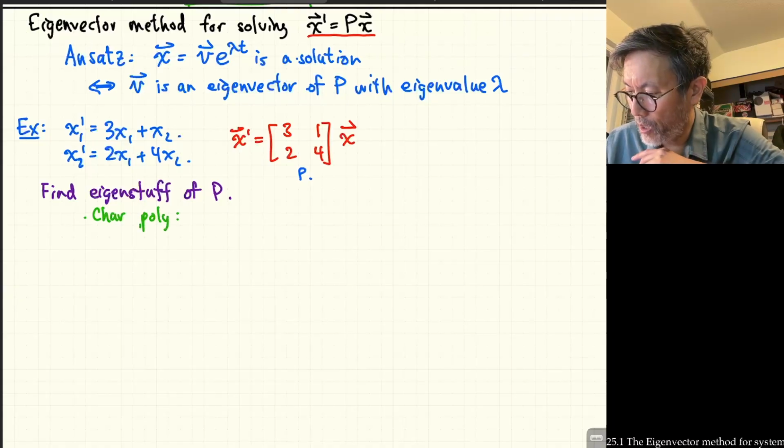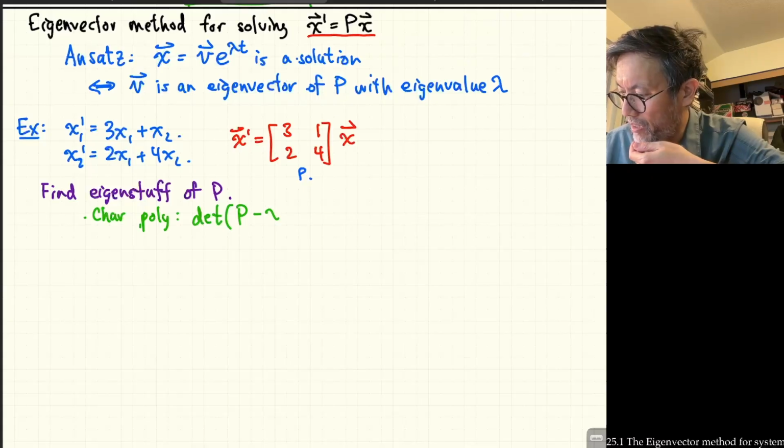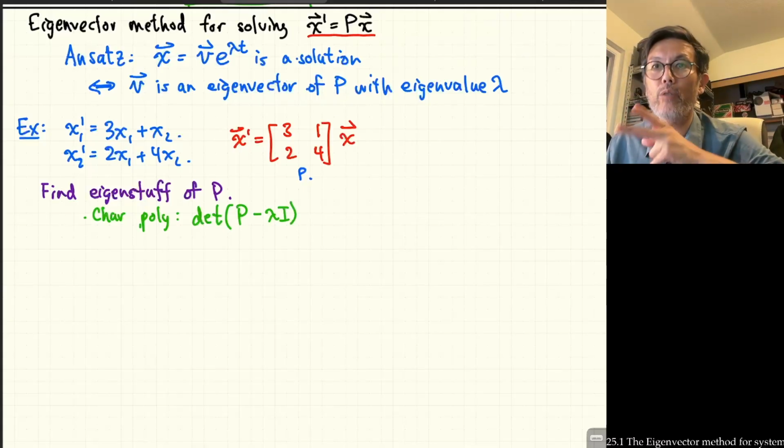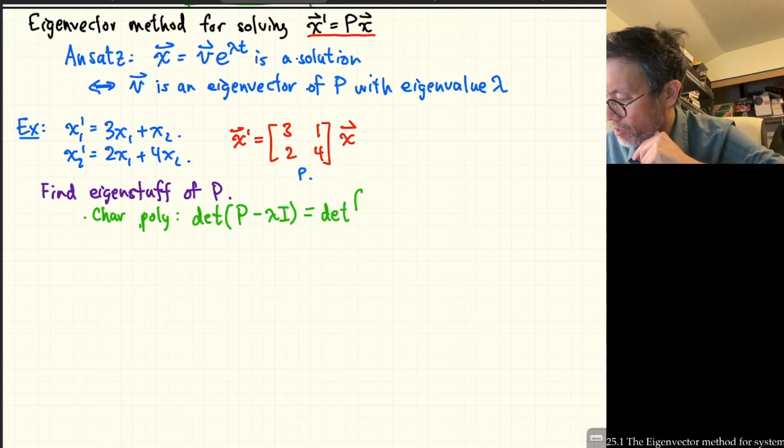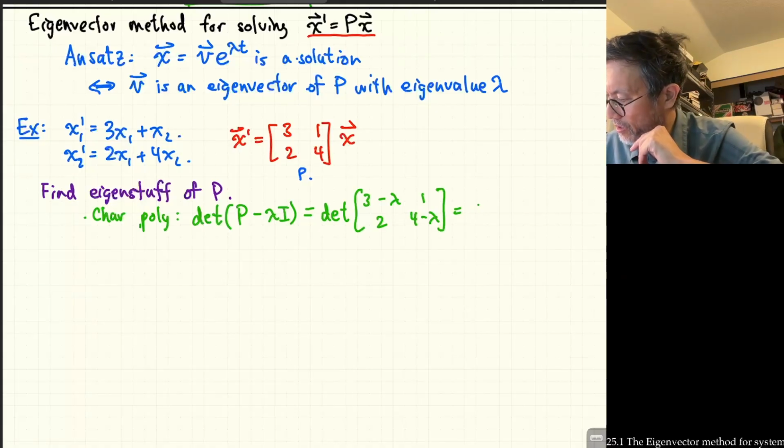The characteristic polynomial, remember, is the determinant of, in this case, P minus lambda times the identity, the 2 by 2 identity. So that's the determinant of 3 minus lambda, 1, 2, 4 minus lambda. And I know you can compute this. This is 3 minus lambda times 4 minus lambda minus 2.